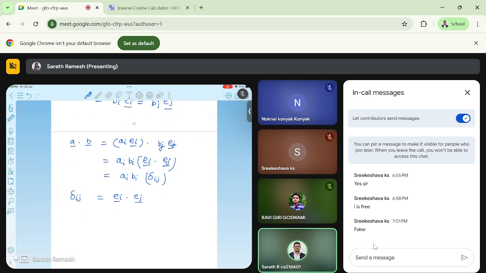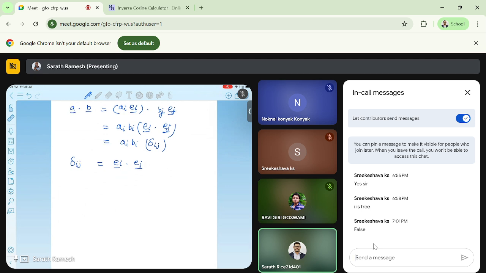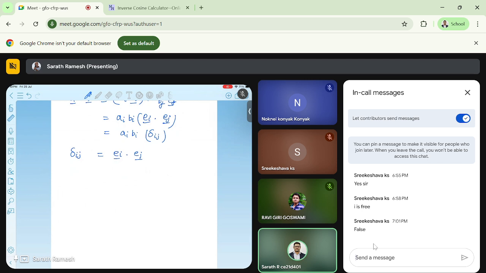What is the dot product of two perpendicular vectors? If two vectors are perpendicular, what is the dot product? Any answers? We can use chat if you are feeling uncomfortable using the mic.